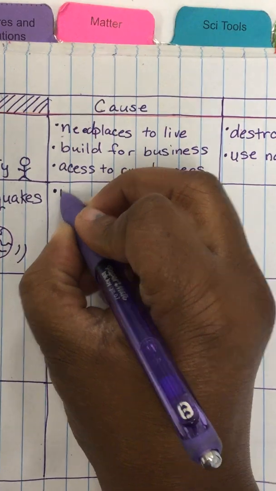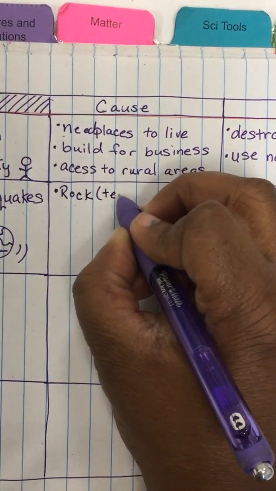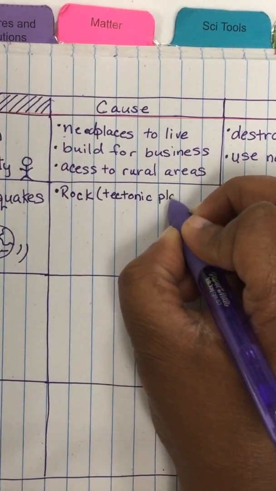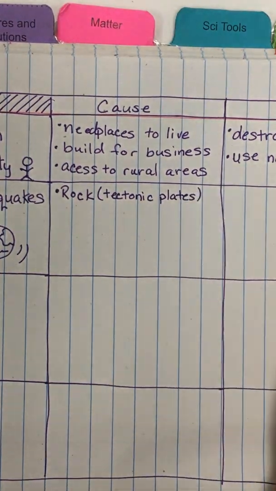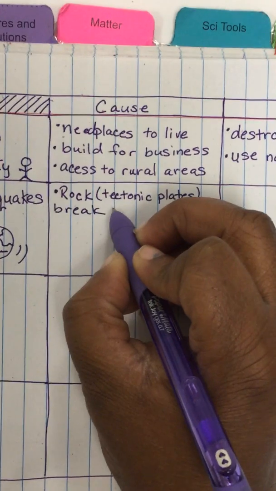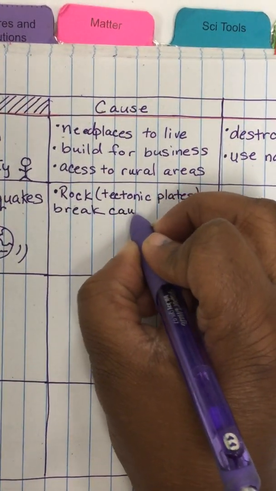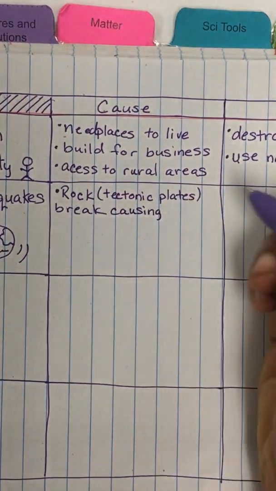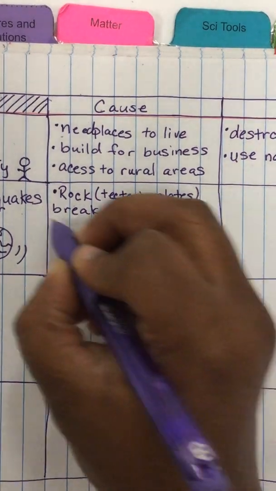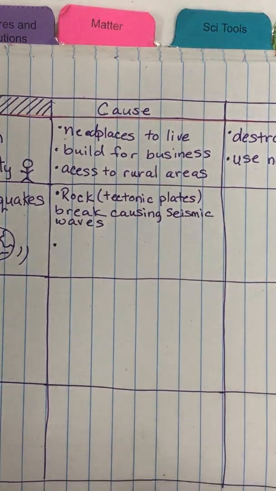Sometimes these things break, so rock, which are the tectonic plates, break and cause seismic waves. And the same thing can happen if these tectonic plates rub up against each other.